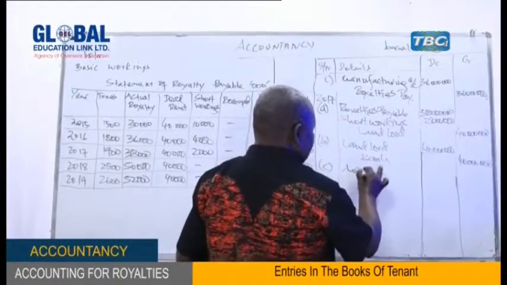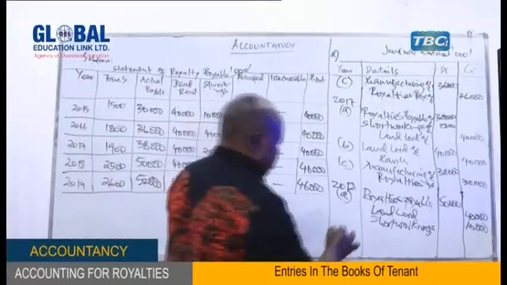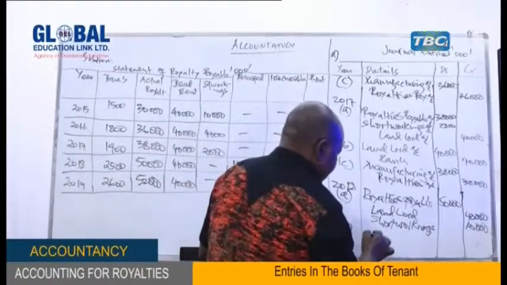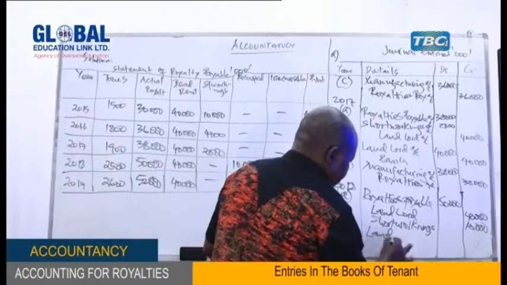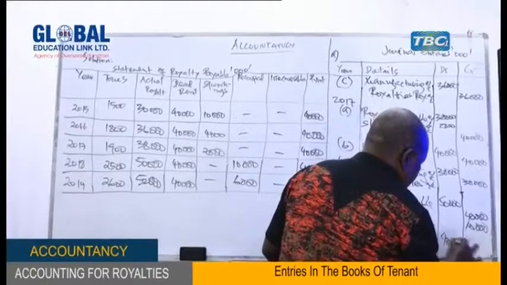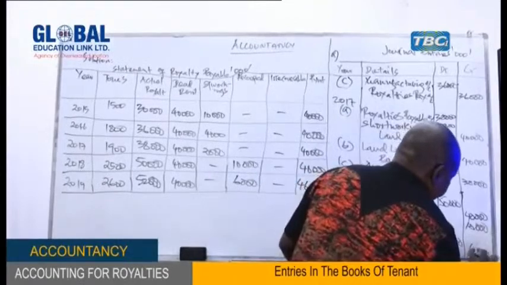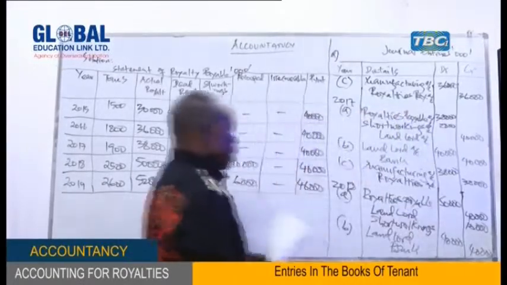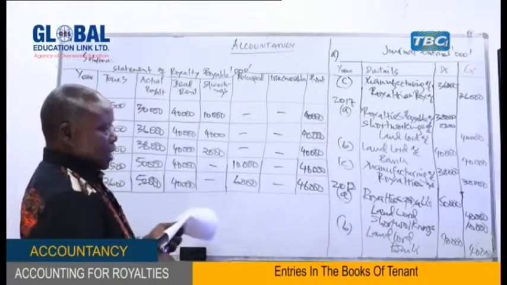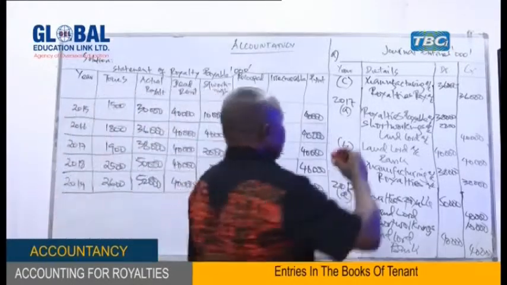So we debit manufacturing with the actual amount. Then category B, making a payment. So we'll debit landlord 40 and we credit bank 40. Then category C is to transfer this actual royalty to manufacturing account.